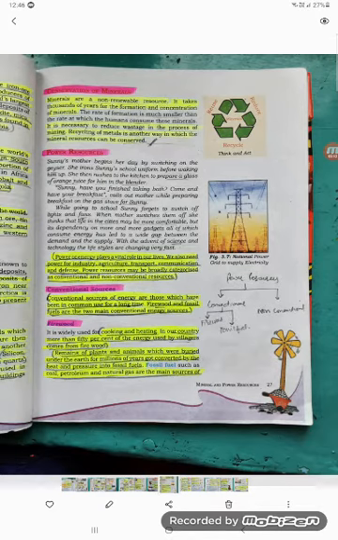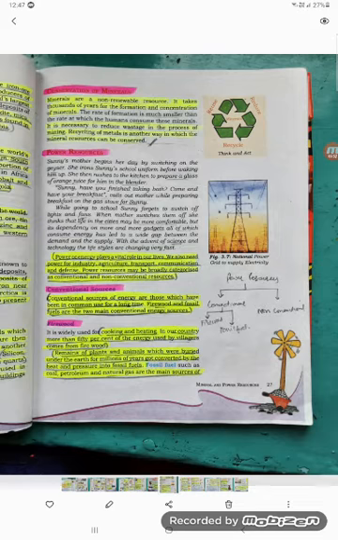In conventional sources we have firewood, fossil fuels like coal, petroleum, natural gas, and hydel power. In non-conventional sources, we have solar energy, wind energy, nuclear energy, geothermal energy, tidal energy, and biogas.